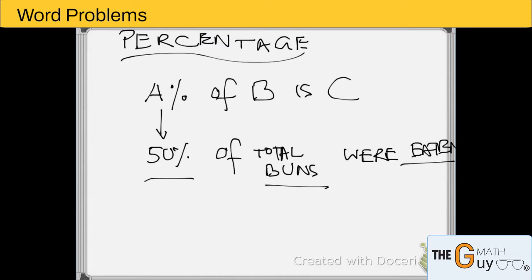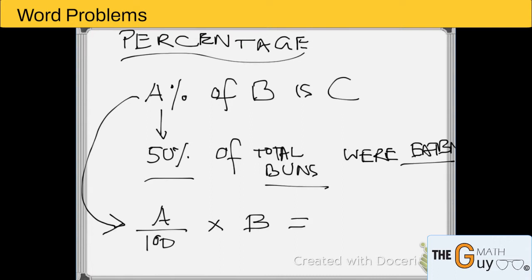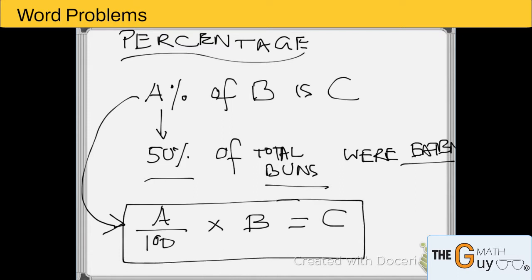If I say 20% of 500 students are going to the trip, and you are asked how many students are going to the trip, you know how to calculate this. Mathematically, this statement converts into A over 100, where "of" is always multiplication, times B is equal to C. Out of these three units you will always have one missing and two numbers.